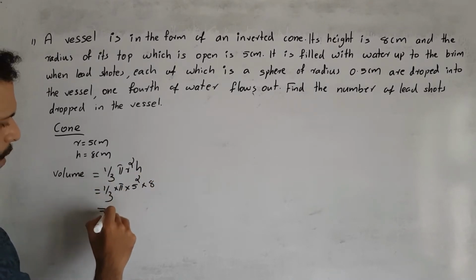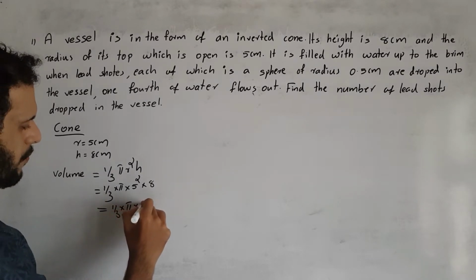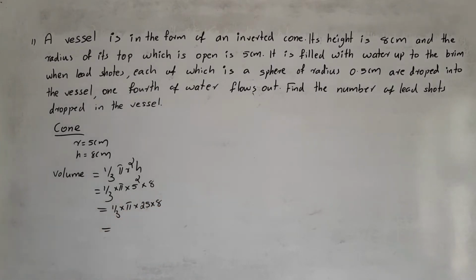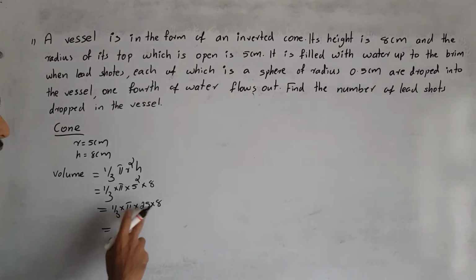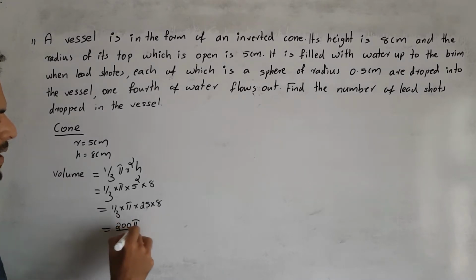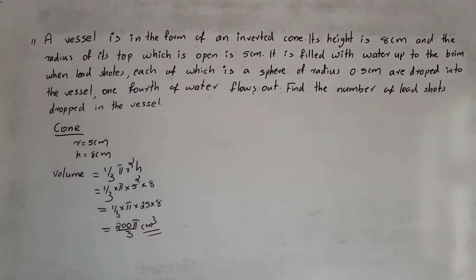So 1/3 into pi into 25 into 8. It's not possible to reduce 3 with 25 or 8, so we multiply 25 into 8. What is 25 into 8? 200. So the volume of the vessel is equal to 200 pi by 3 centimeter cube.